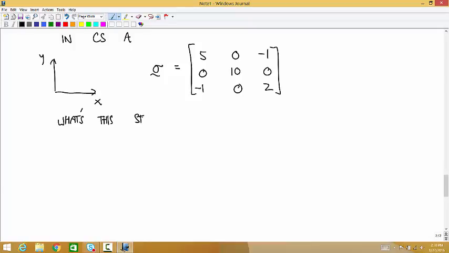What's this stress tensor in coordinate system B that's oriented like this?